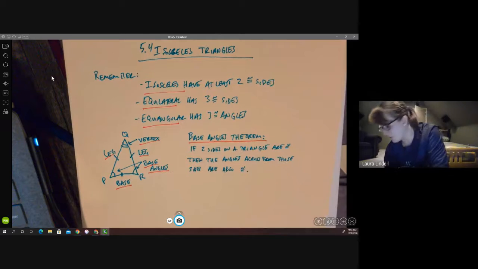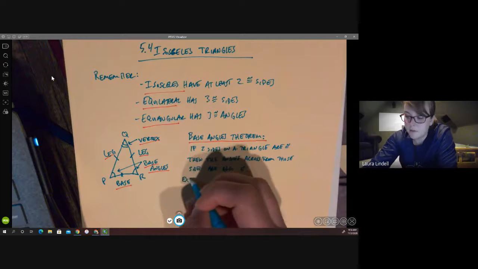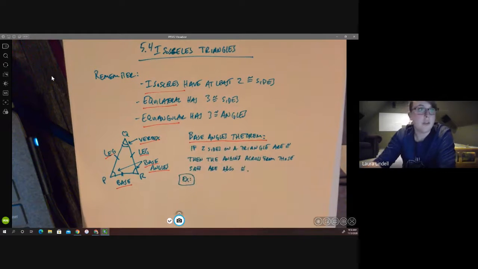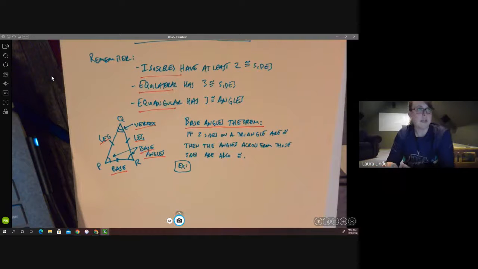If two sides on a triangle are congruent, then the angles across from those sides are congruent. I'll wait a moment and let people catch up on writing here, and then we'll do an example.